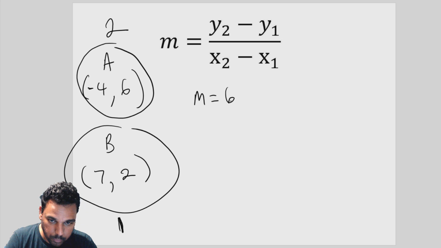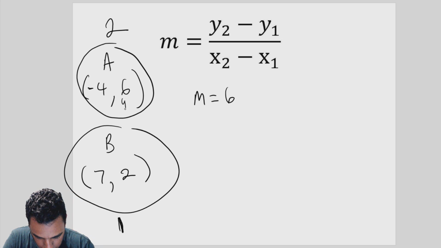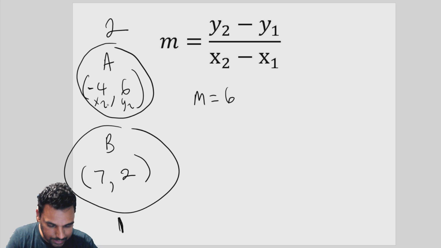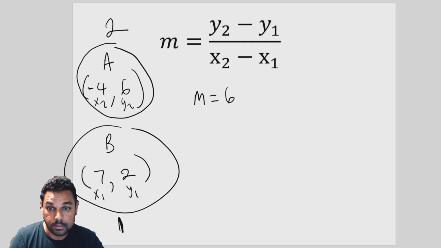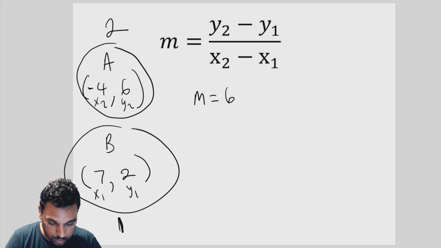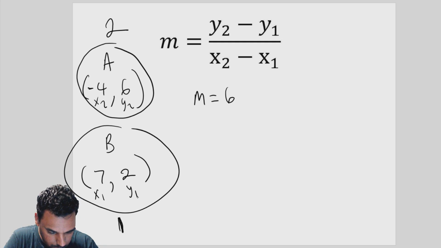This is my y2, x2, because I'm making this my 2s. And this will be my x1, my 1. I'd be very careful. Don't mix up the points. That's the biggest thing. 1 is your 1s. The other point is your 2s. x, then y in one point. All right. So y2 is 6. y1 is 2.